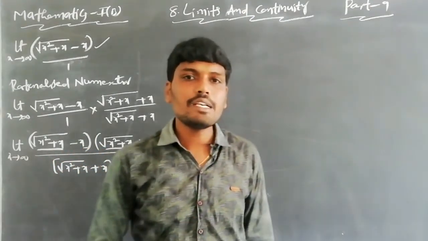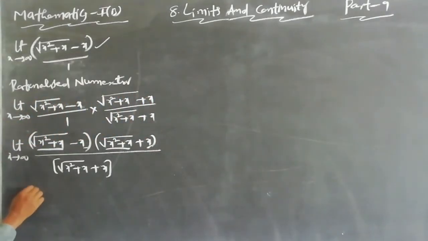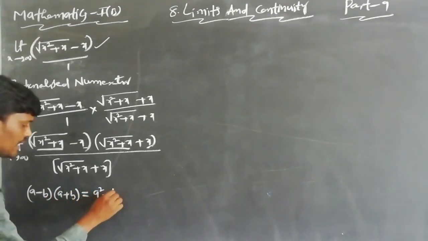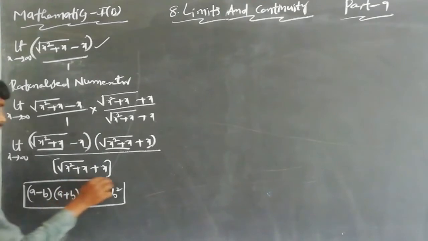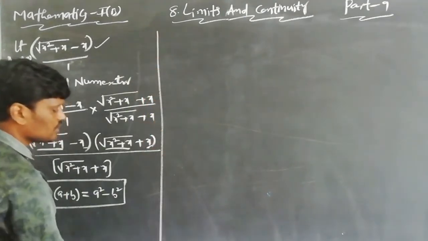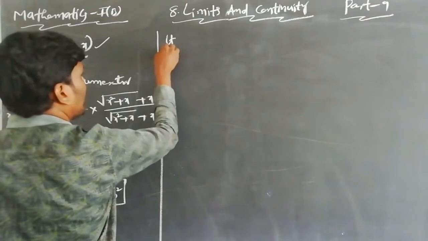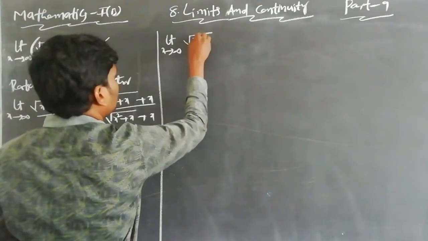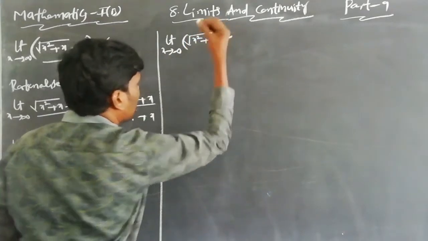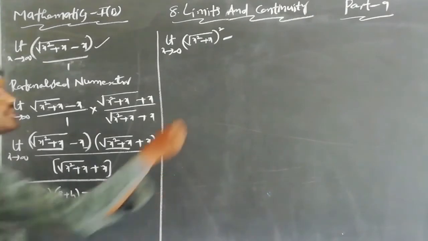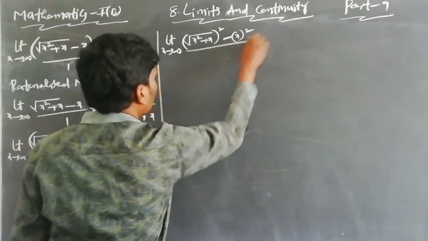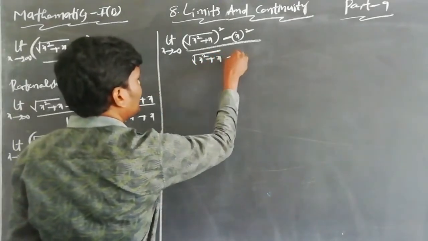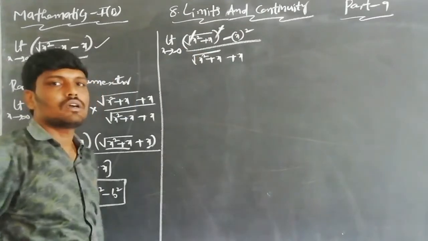What is the formula of a minus b into a plus b? The formula is a square minus b square. Write down that formula. You get limit as x tends to infinity of square root of x square plus x whole square minus x square, all by square root of x square plus x plus x. Here the square root gets cancelled.